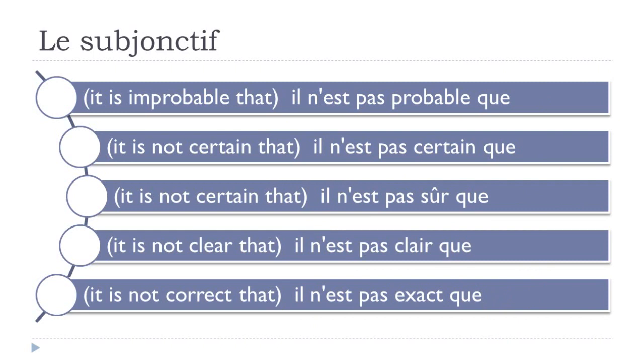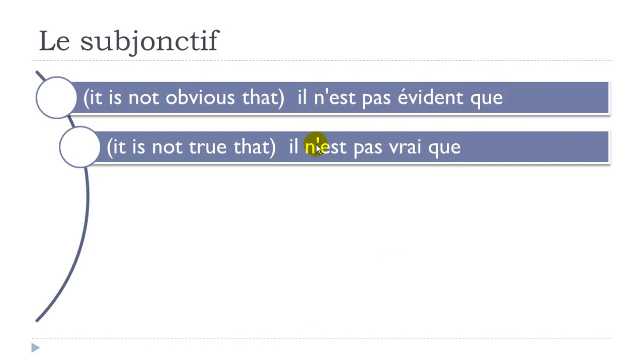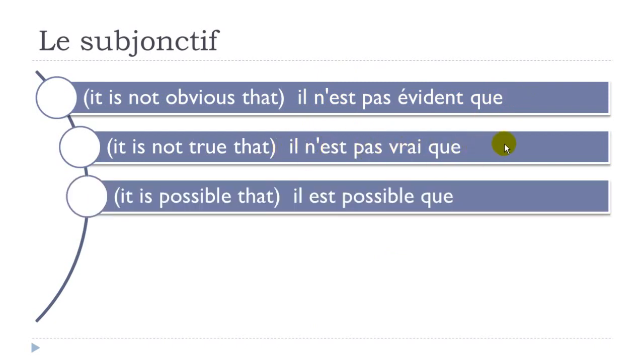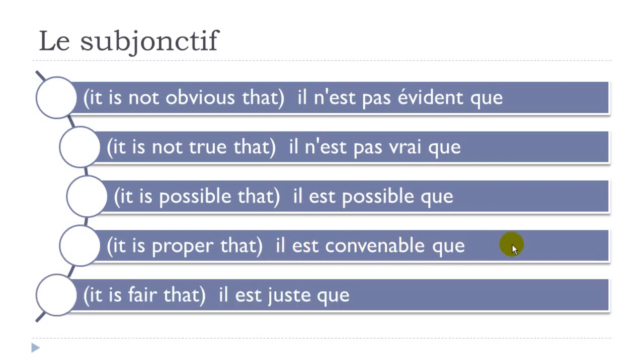Okay, let's continue. Il n'est pas évident que. Il n'est pas vrai que. Il est possible que. Il est convenable que.